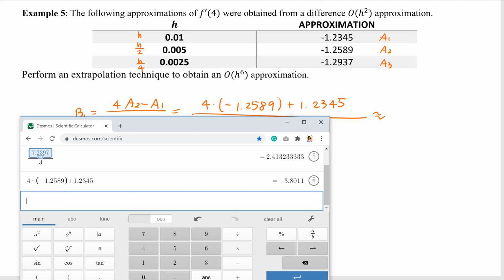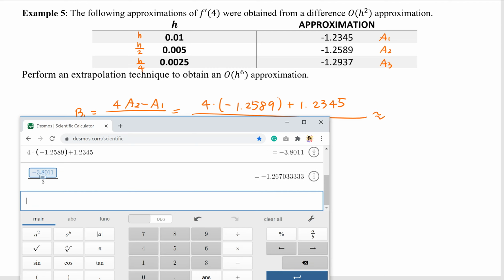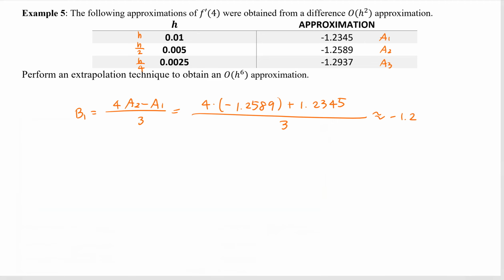That answer divided by 3. So we get negative 1.26703 repeated.